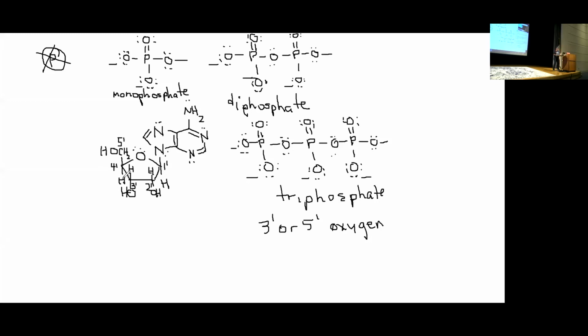And then you've got yourself a single nucleotide. So here's a nucleoside. And then am I going to have to copy all that again? Yes, I guess I am. Well, I'm sure getting a workout with my mouse skills.